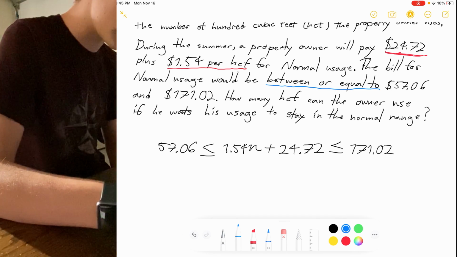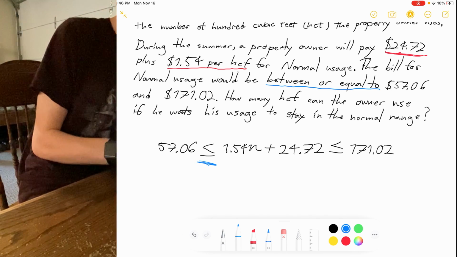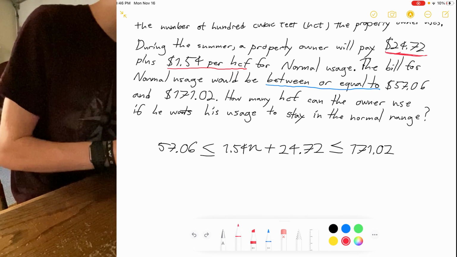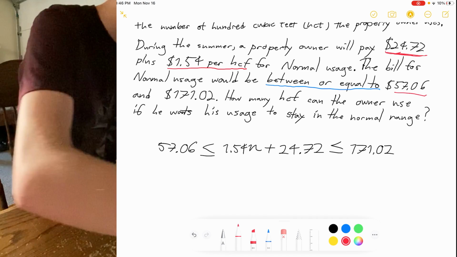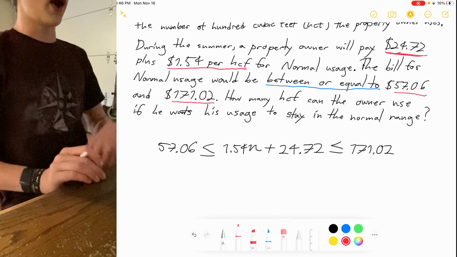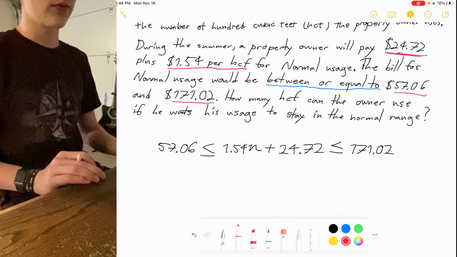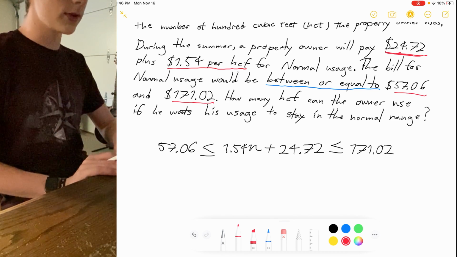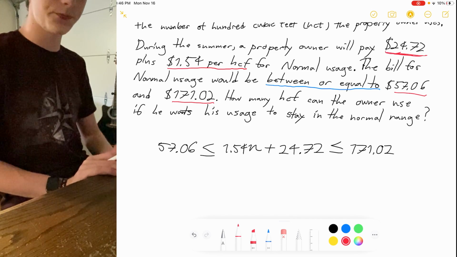So that's what these less than or equal to signs are for. And then we're just getting these numbers right here. This one's the smaller one, so it goes on the left, and then this one's the bigger one, so it goes on the right. How many HCF, so how big can N be, if he wants his usage to stay in the normal range?